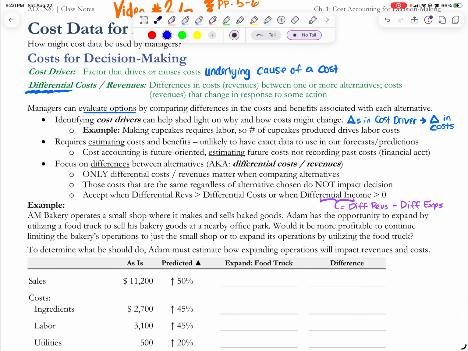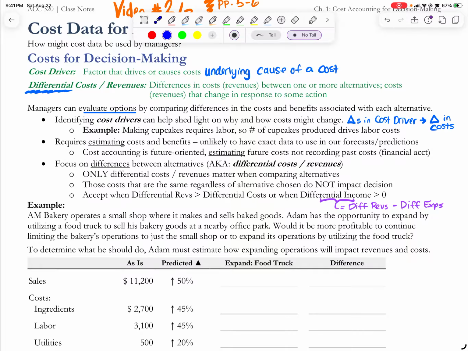Note if I'm evaluating alternatives that I want to focus on how they differ. So if a cost remains the same between option A and option B, that cost isn't really relevant. It's going to be there regardless.